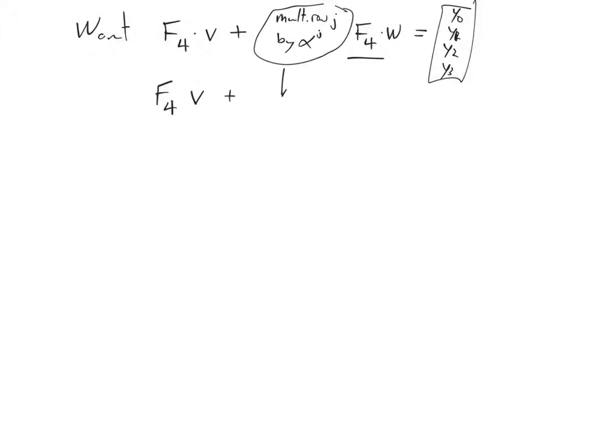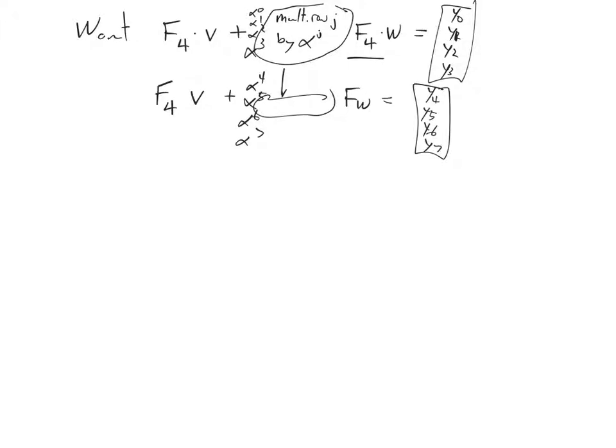And it's the same multiplier factor times F4W is the second one. So, but these multipliers are alpha 0, alpha 1, alpha 2, alpha 3. These multipliers are alpha 4, alpha 5, alpha 6, alpha 7. Okay? And that gives us Y4, Y5, Y6, and Y7.